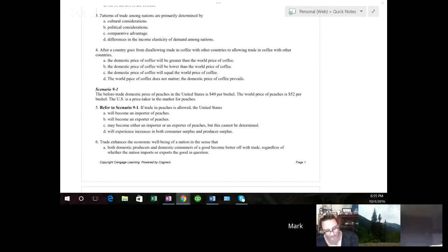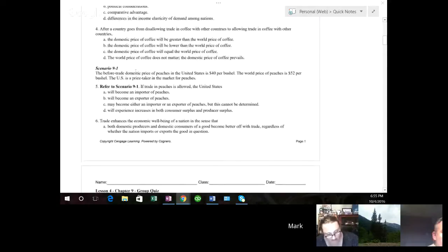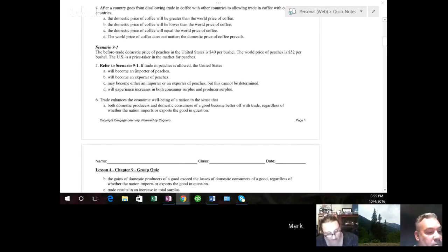All right. I'll do number 5. The scenario is the before trade domestic price of peaches in the United States is $40 per bushel. The world price of peaches is $52 per bushel. The U.S. is a price taker in the market for peaches. Number 5, if trade in peaches is allowed, the United States, and I put B, will become an exporter of peaches.